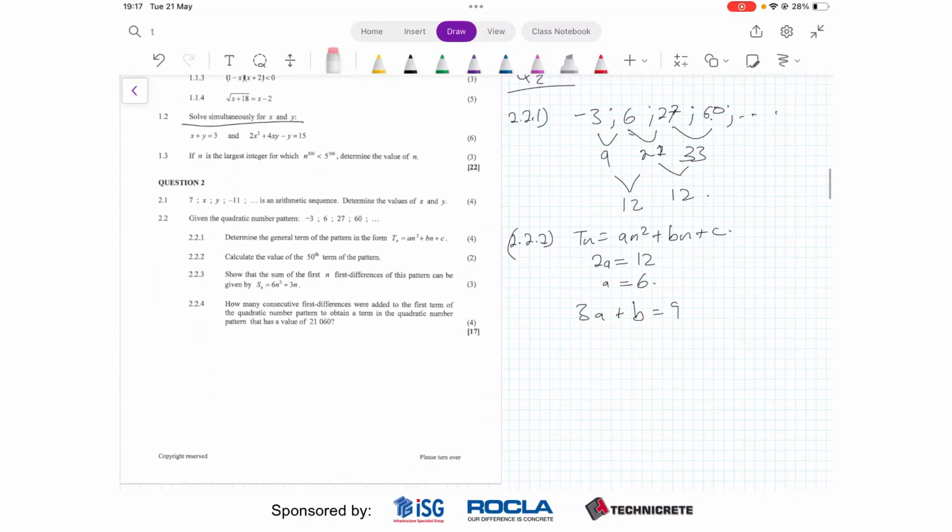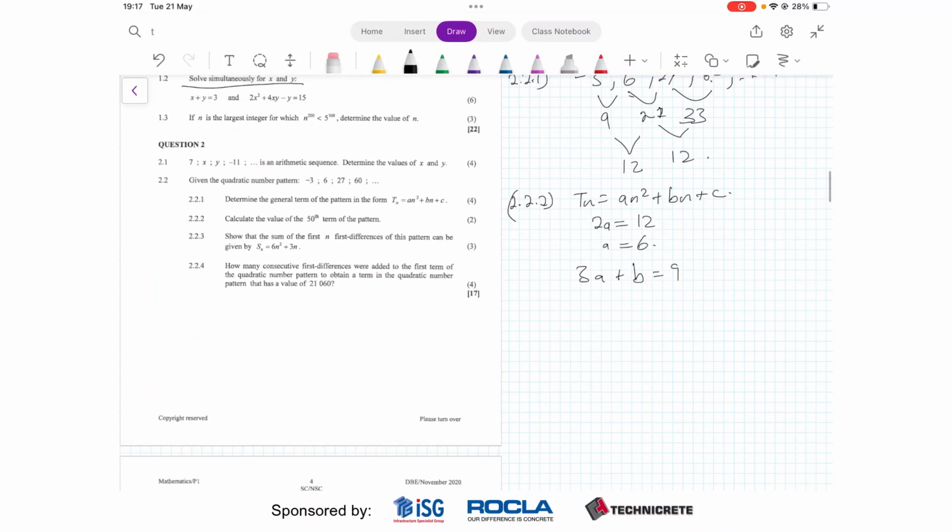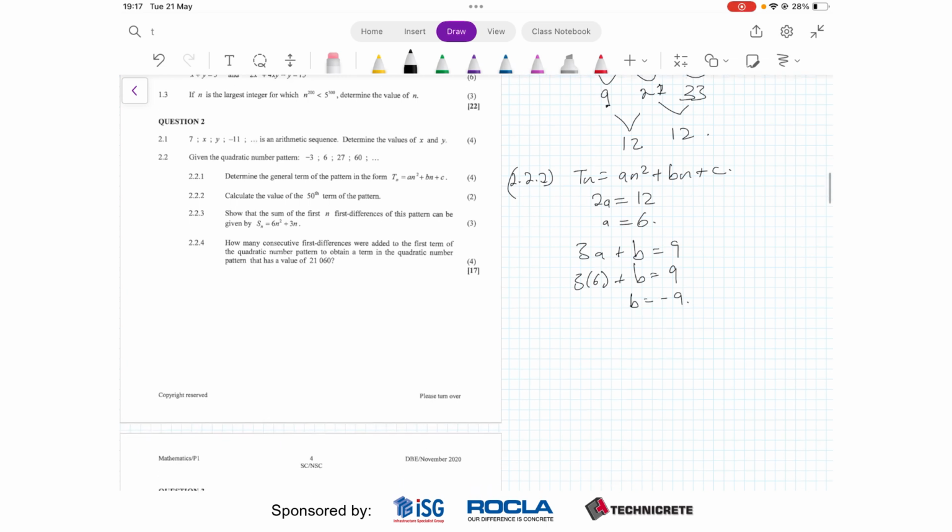And then from there, remember this is our first difference, and this is how you find your first difference. Now, a we found to be 6, so 3 into 6, plus b equals 9. Now, this will be 18 plus b equals 9. Thus, b equals minus 9.